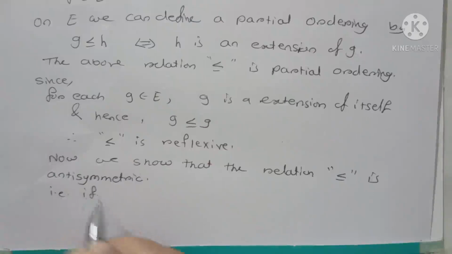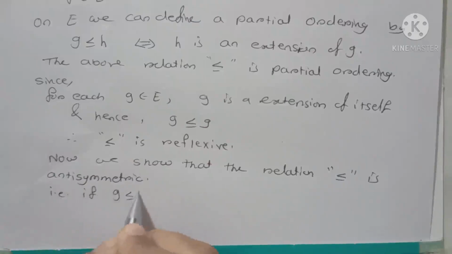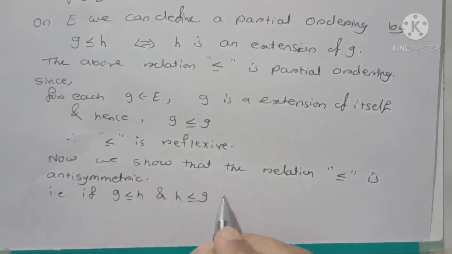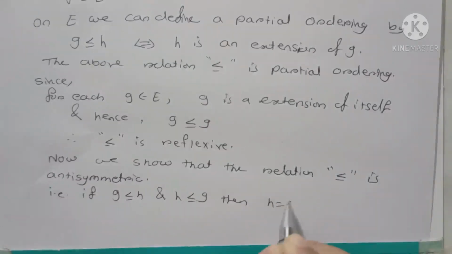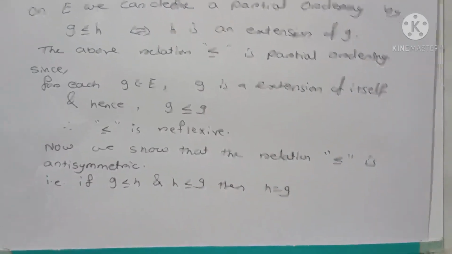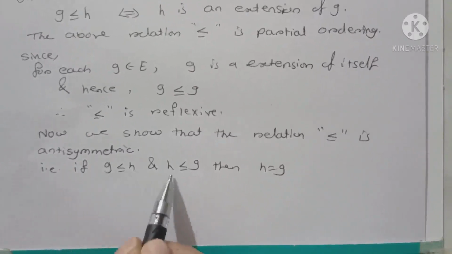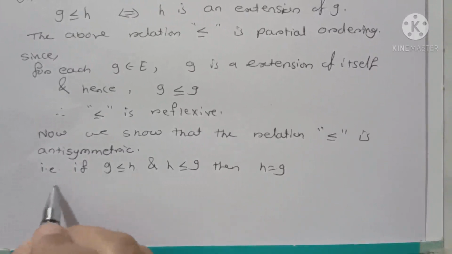That is, if g less than or equal to h and h less than or equal to g, then h equals g. That is what we have to show. Now to prove this, we are considering g less than or equal to h and h less than or equal to g.